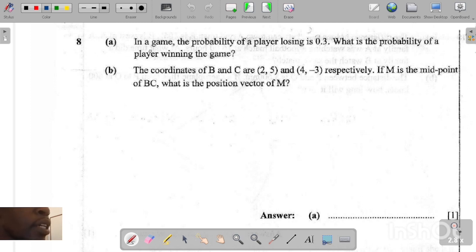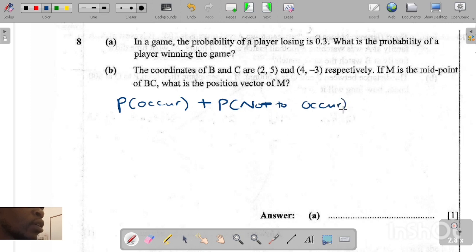So question 8a says, in a game, the probability of a player losing is 0.3. What is the probability of a player winning the game? So what you have to know is that the probability of something to occur plus the probability of something not to occur is equal to 1.